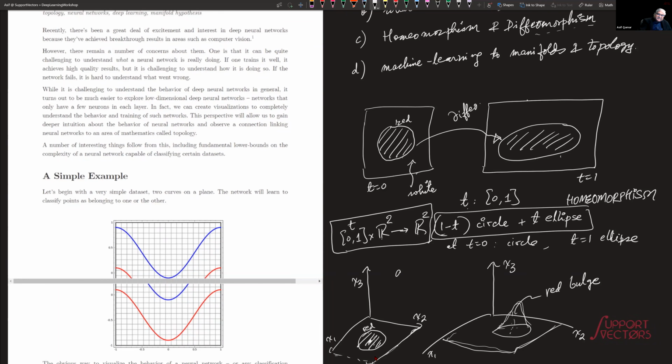So the ambient space, the outer space, was three-dimensional. But in the beginning, it had no presence in the third dimension. But by making a little bit of a push or bulge here onto the red part, now you have occupied the whole ambient dimension. All three things are there.